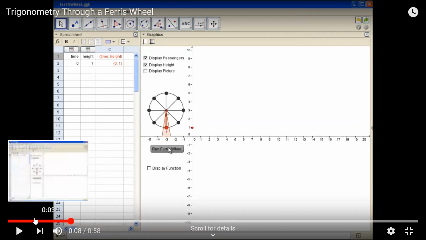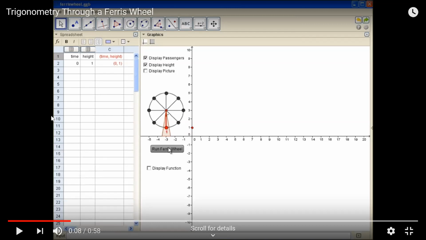Okay, so before the video starts, I want to point out what is going on here. So notice this red dot on the Ferris wheel. That's going to be like our person in a car or us. And what they've got here on their sets of axes, along the horizontal axis, those are going to be times, so those would be the t's.